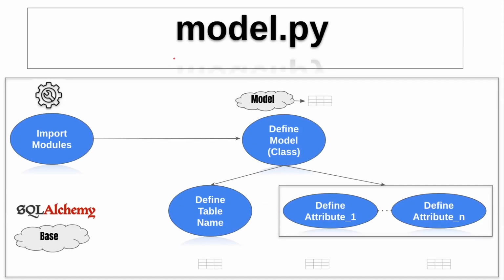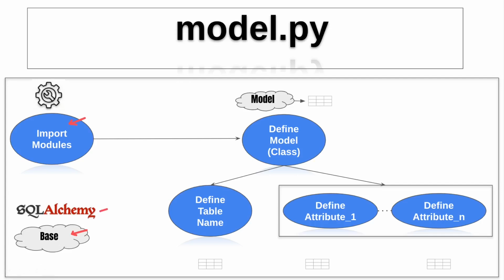Now let's understand the model.py file. First of all, we will import the necessary modules. We import the base class from the mysql.py file, which acts as the parent for tables.